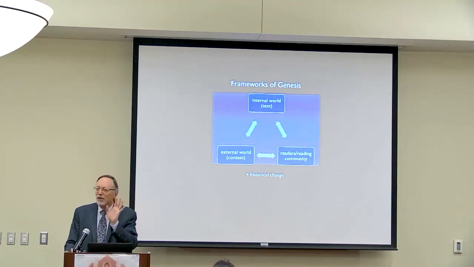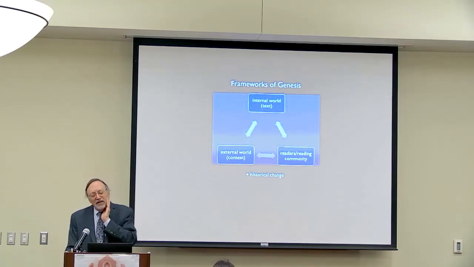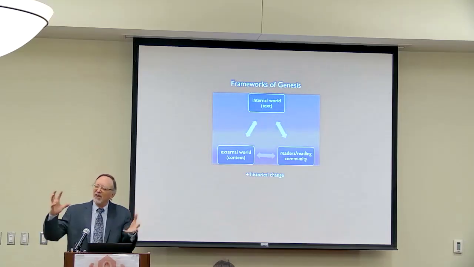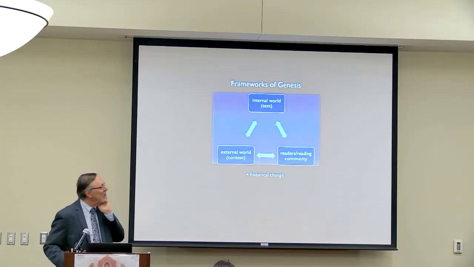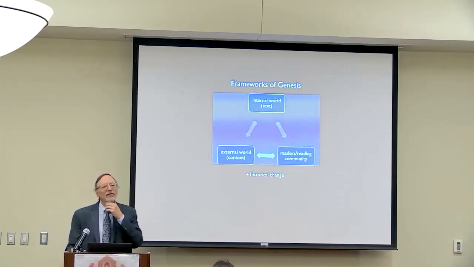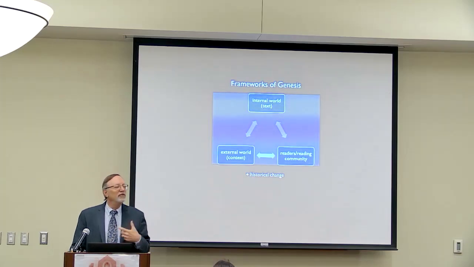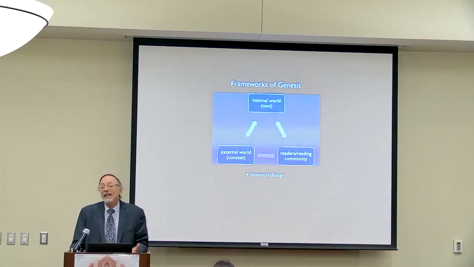I don't want to bore you too much, but there's a little bit of a theoretical framework that I've been thinking about. This is nothing really new, but it's just trying to put some of the pieces together. There are different kinds of frameworks of reference that I think are activated when one reads the book of Genesis, or when one reads anything really.